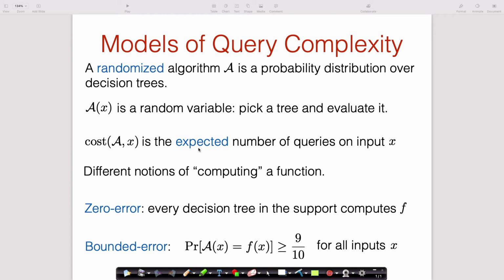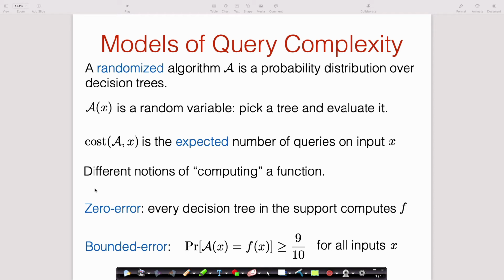In the randomized case, there are different notions of what it means to compute a function. So there are zero error algorithms. These are algorithms that never make a mistake. Therefore, every decision tree in the support of the randomized algorithm has to compute f.